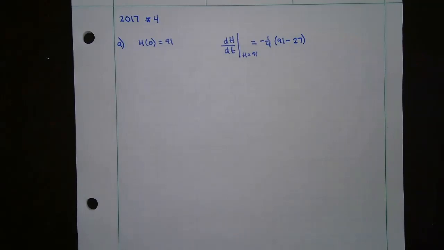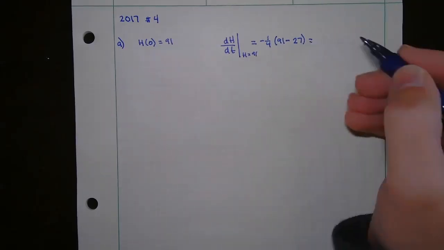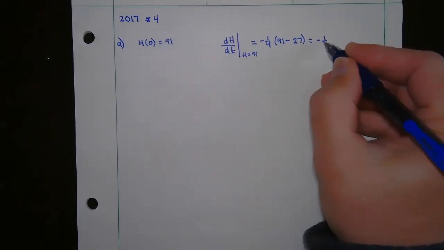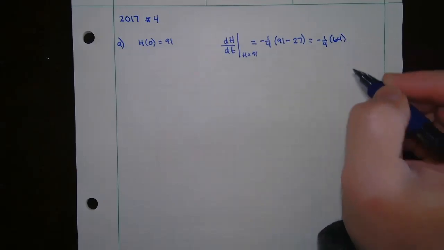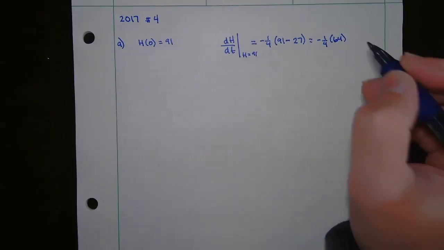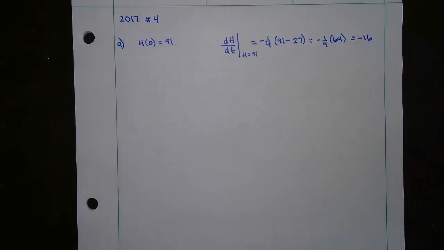Okay, so you're not going to be able to use a calculator on this part. And now I know on the AP exam, you're going to be able to use a calculator wherever you want, okay? But in this instance, they didn't want you to be able to use a calculator, okay? So that would be 64. So they actually give you nice numbers though, because this is -1/4 times 64, okay? And then that would be -16, okay?